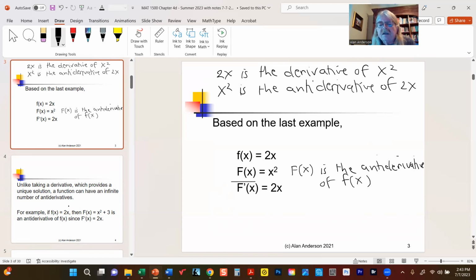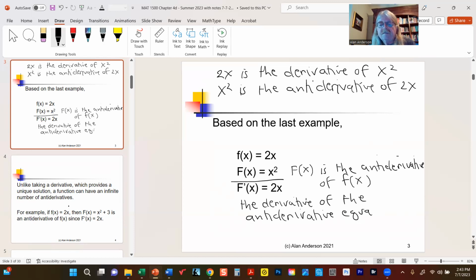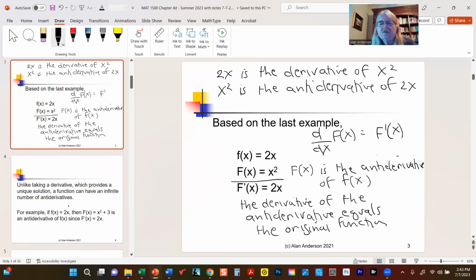And what this is telling me is that if I take the derivative of the antiderivative, it sounds very strange, it equals the original function. In other words, if I take the derivative of this capital F of x, I'll end up with f prime of x, which is the same thing as the original f of x.